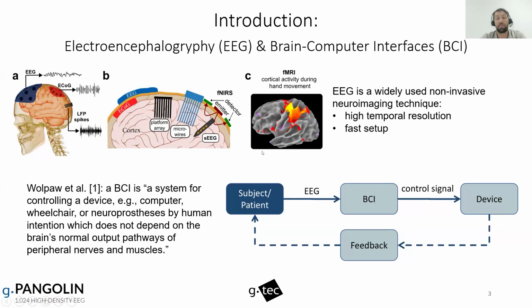It's fast to set up, but sometimes still lacks in spatial resolution. And a BCI is, as Wolpaw defines it, a system for controlling a device, a computer, wheelchair, or prosthesis by human intention, which does not depend on the brain's normal output pathways of peripheral nerves and muscle. That's also how we use the g.Pangolin system.